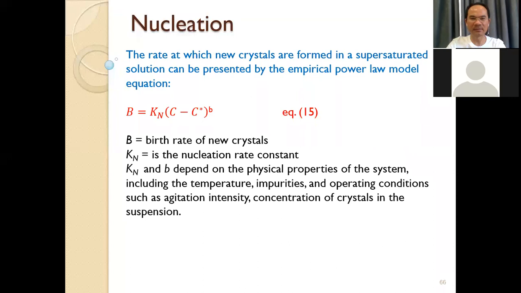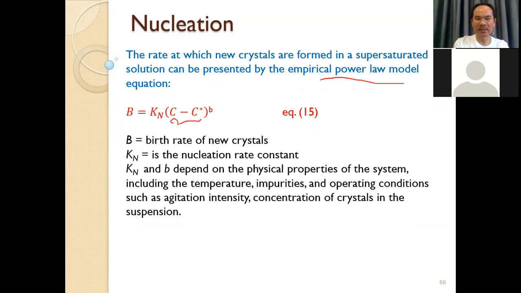From the industrial point of view, we can also explain the nucleation based on the power law model. The birth rate equals Kn times (C minus C star) to the power b, where C minus C star is the driving force for crystallization.